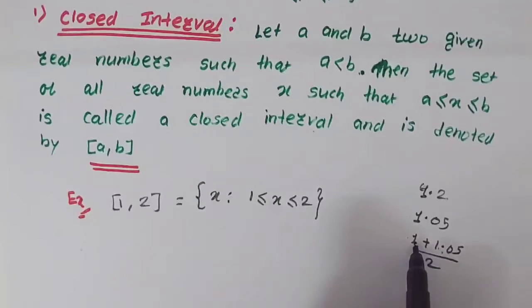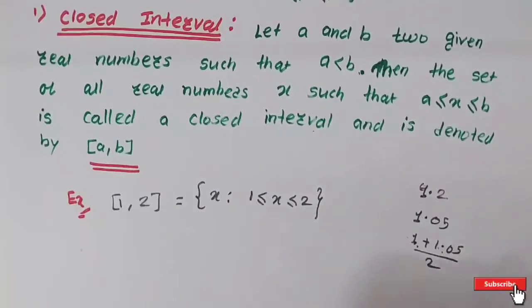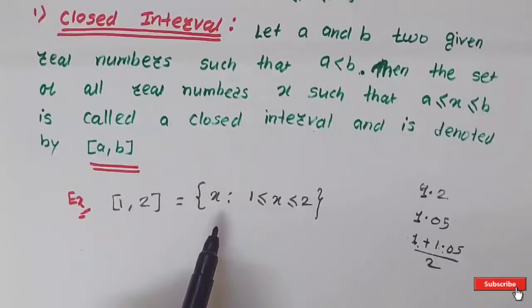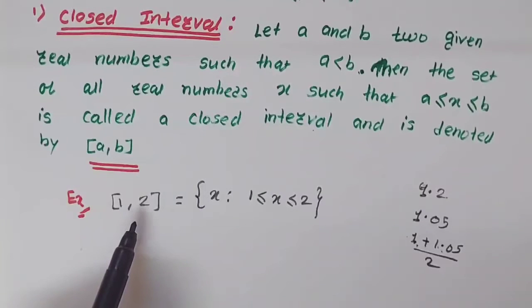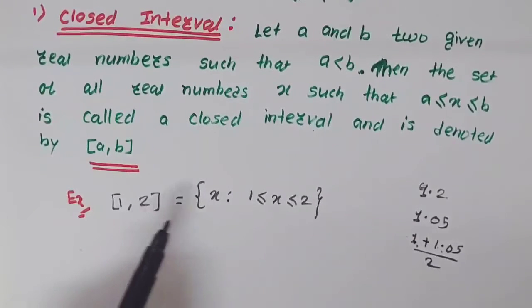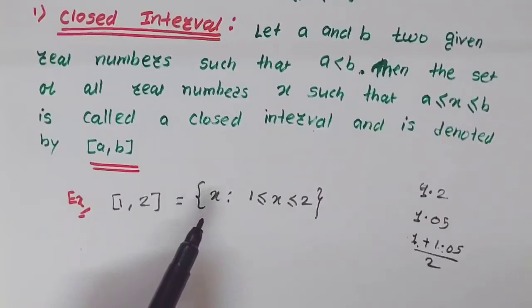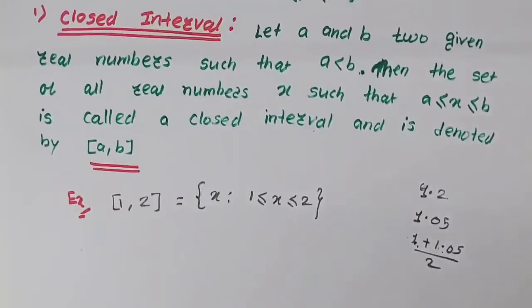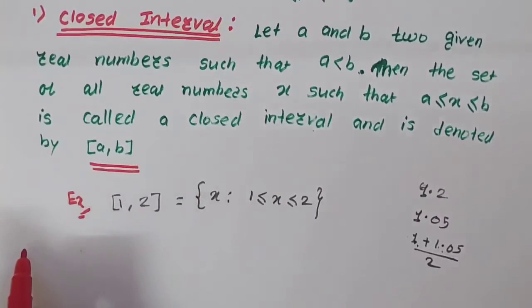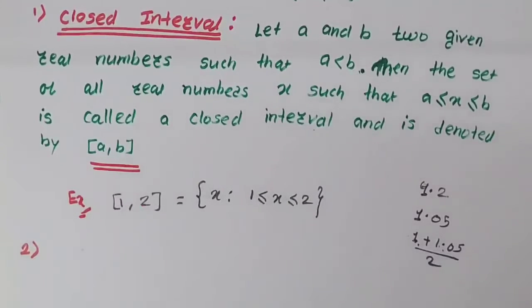If we again take the average with the next number, this process never ends. That means it is not possible to write this set in roster form. So closed interval and open interval are not possible to write in roster form. That is the application of the set builder form. Now we see the next, that is the open interval.